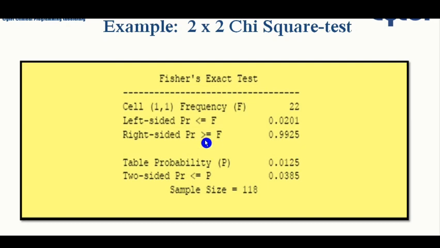So here also you are getting p-values, left p-value and right p-value. Whenever you have pt less than pc, you will consider this. When you have pt greater than pc as your alternative hypothesis, you will consider this p-value, etc.